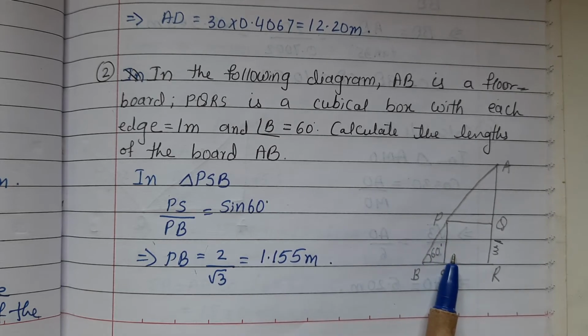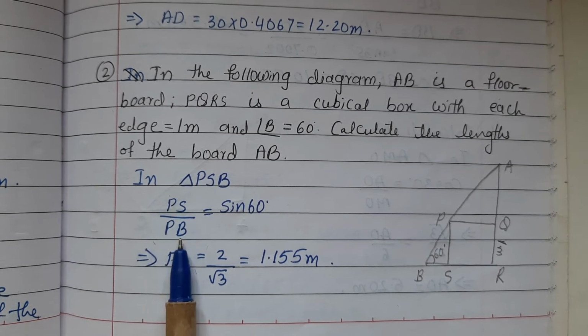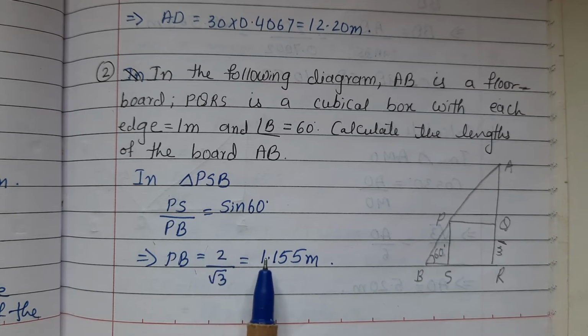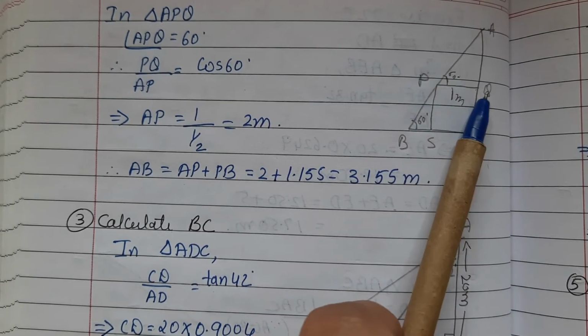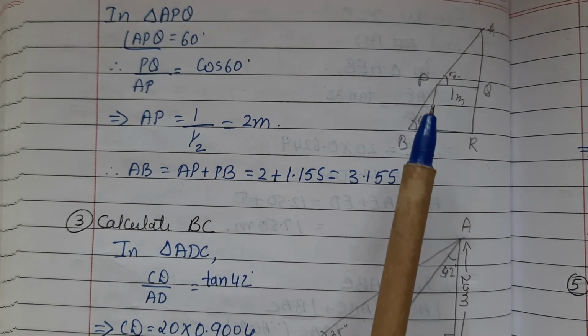PS is 1 meter, so PB will be PS upon sine 60. Sine 60 is root 3 upon 2. Taken to the numerator, 2 upon root 3 equal to 1.155 meters. PB is 1.155 meters.